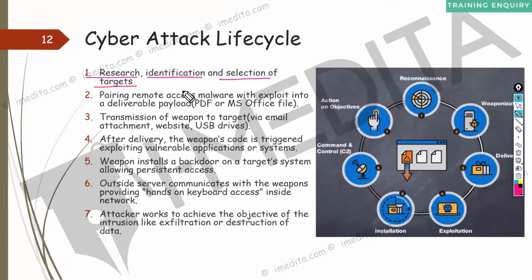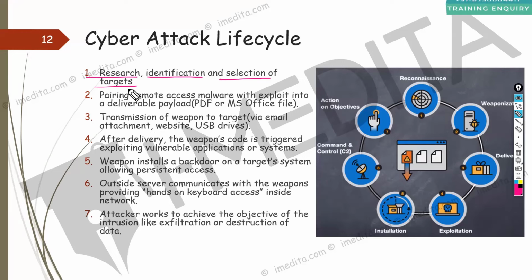Means when we want to do an attack, we are not that person who will do the attack, but when we are talking about an attacker, the attacker will definitely do research, identification and selection of the target, deciding that I have to attack this organization or this individual person.